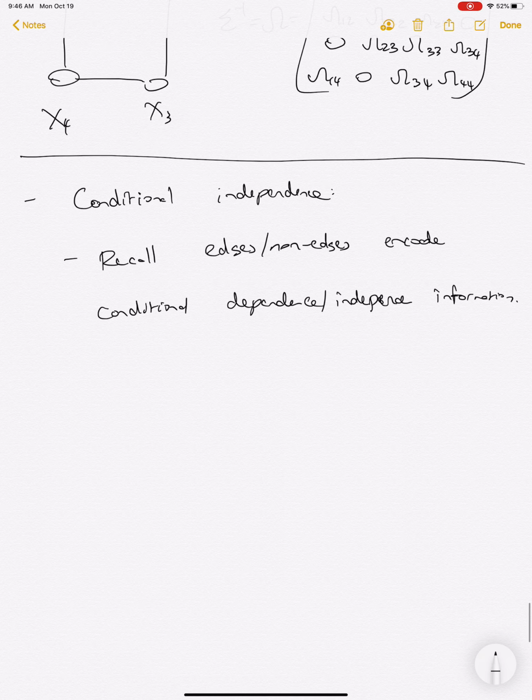Okay, so I just wanted to remind you of what happens for DAGs.